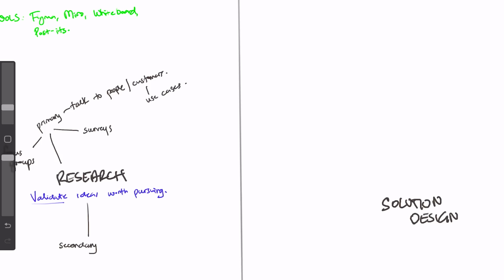So when you are doing research and validation on an idea, it's not just about making sure someone, like a customer, likes that idea, but also try to understand their use cases. So what I mean by that is, let's say you are building a banking app. You don't just want to find out if someone thinks they need a new banking app or the features of that app that will be most useful to them.